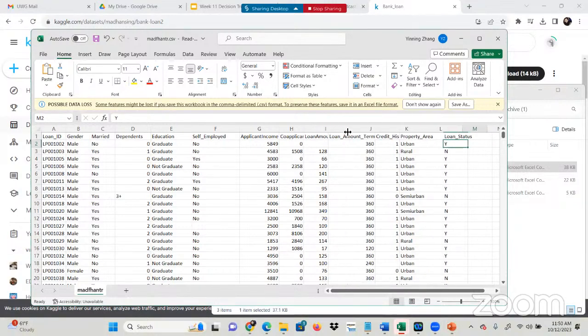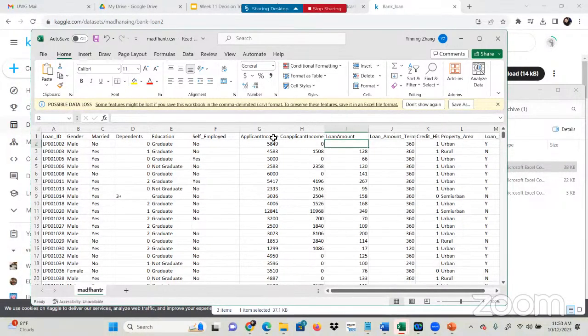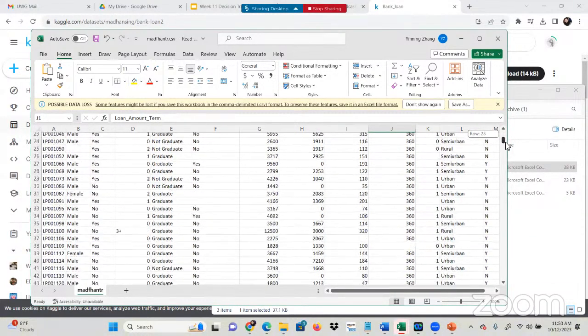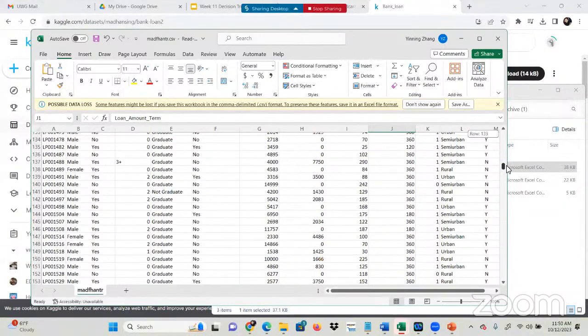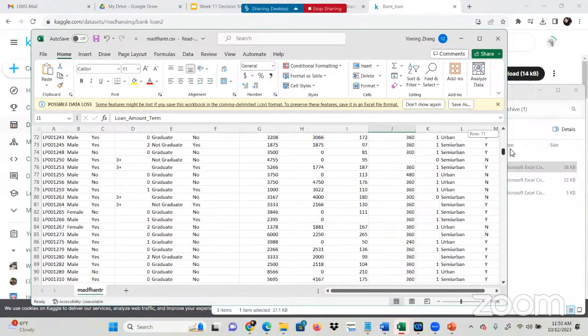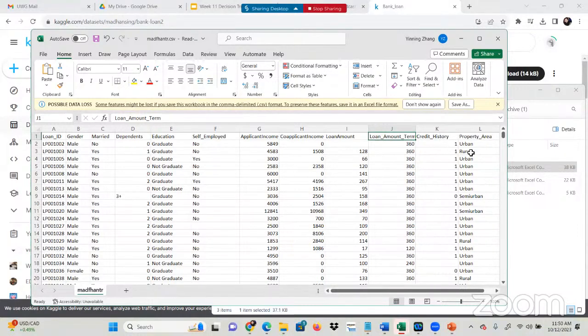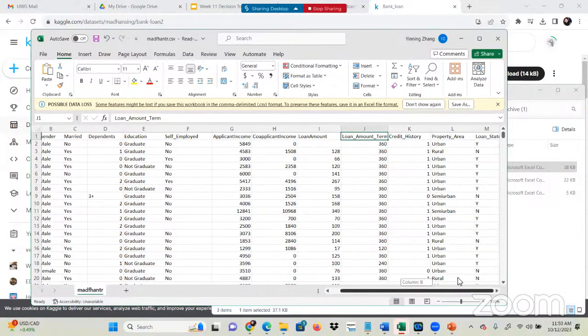Loan term, loan amount, and income are categorical. The loan term could actually be categorical or numerical. Credit history is numerical or categorical. So most of the features are categorical.